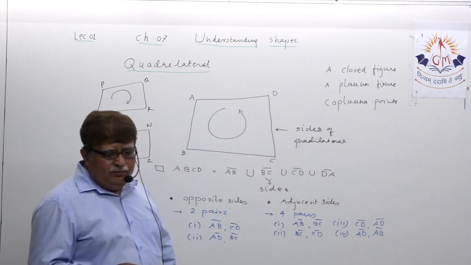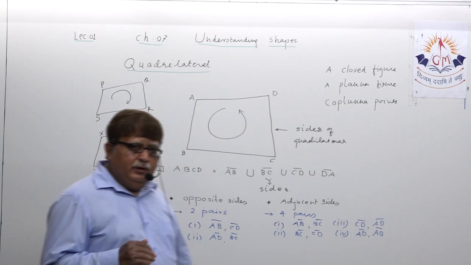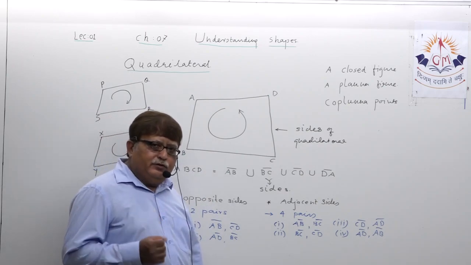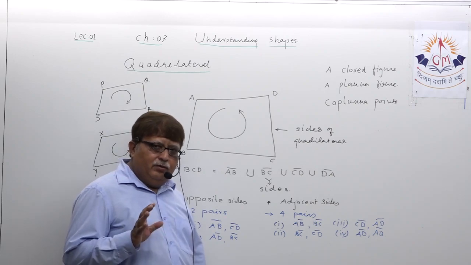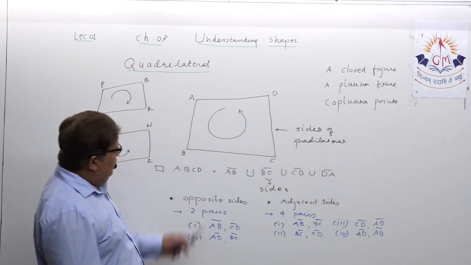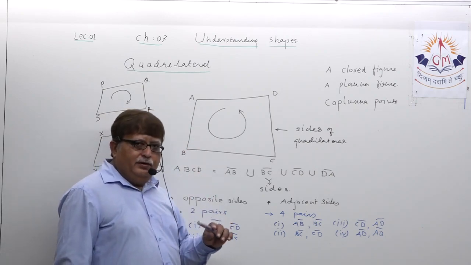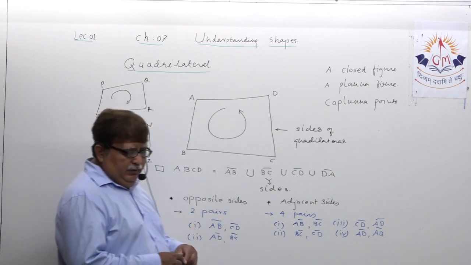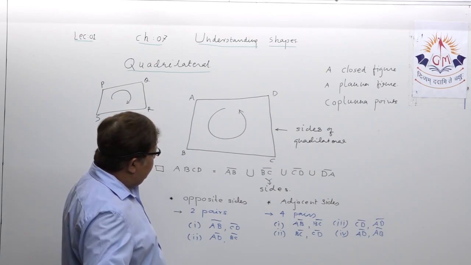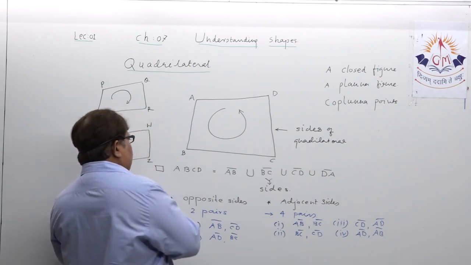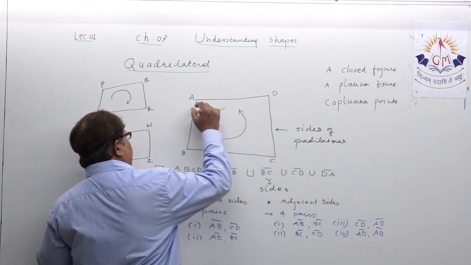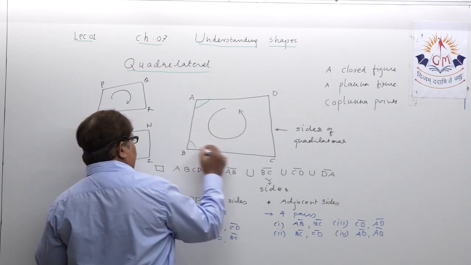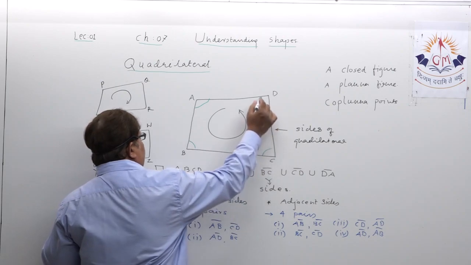But I do not want to confuse you discussing that. Just now you only concentrate here that a quadrilateral has four angles. Are you able to see them here? See this one, then this one, four angles.